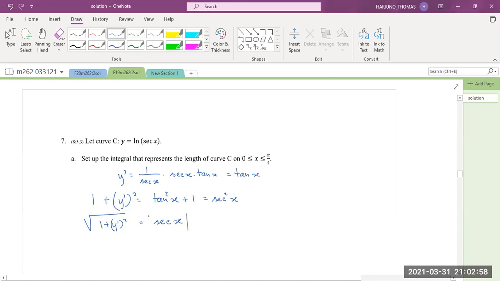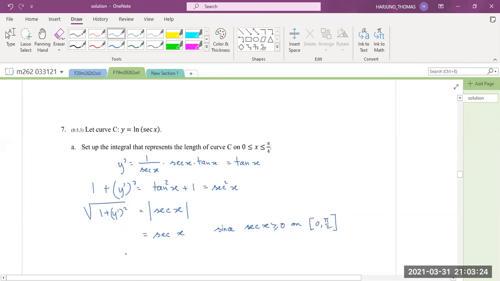It's supposed to be an absolute value, but it will be positive anyway, since secant x is positive on this interval. So the arc length L will be the integral from 0 to pi over 4 of secant x dx.